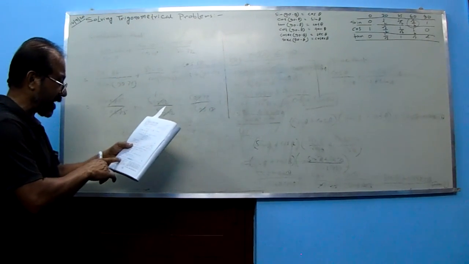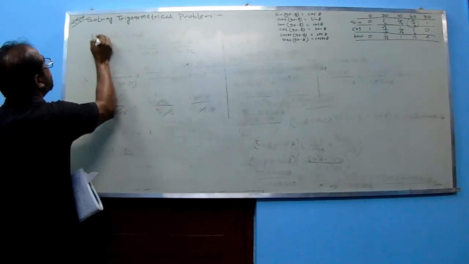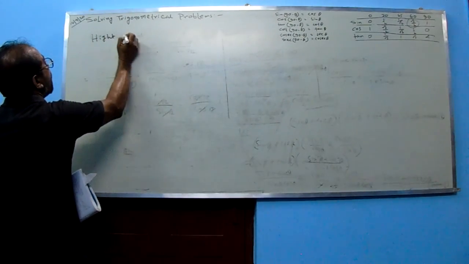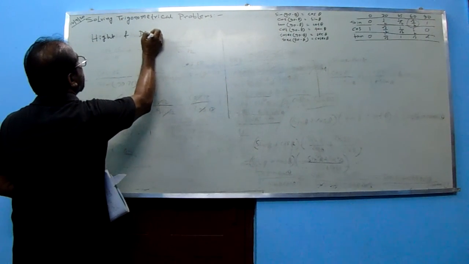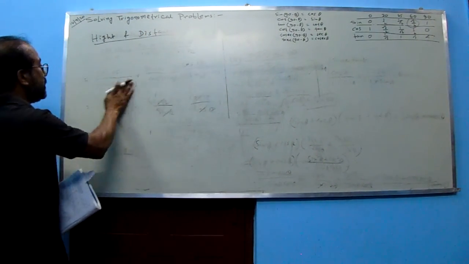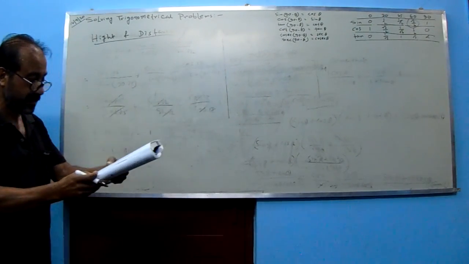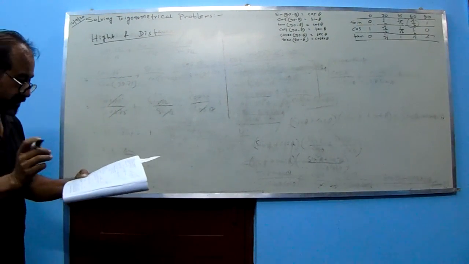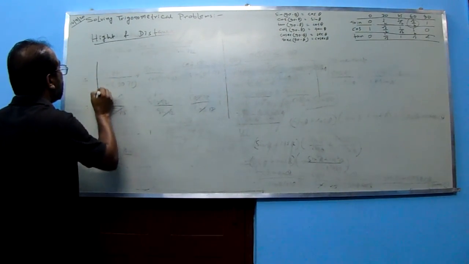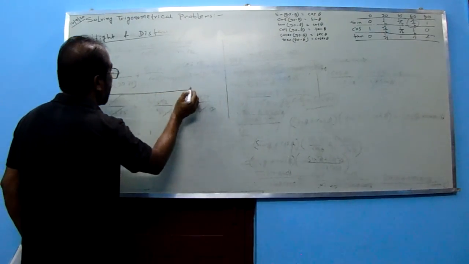So the first math I am taking, this is height and distance. In this chapter, the first math, they are saying the height of a tree. So this is your tree. This is your horizontal line.